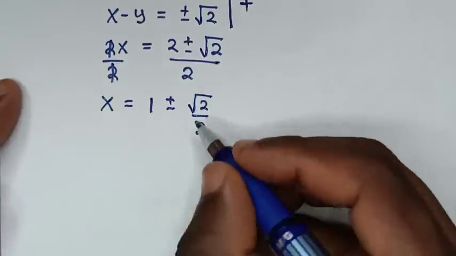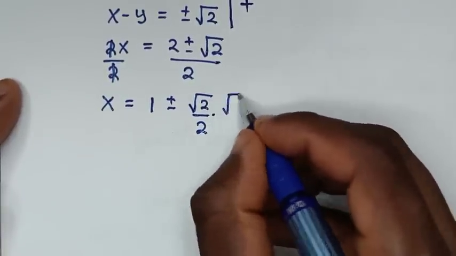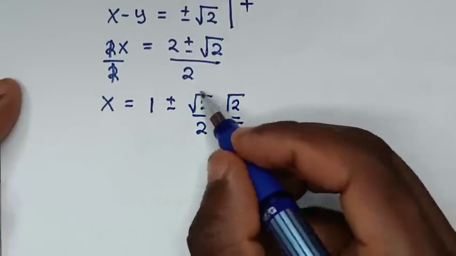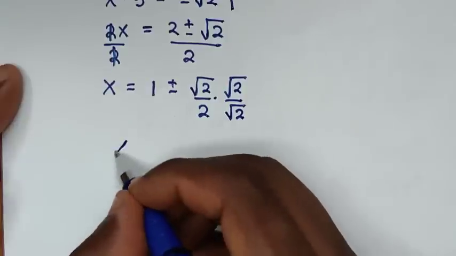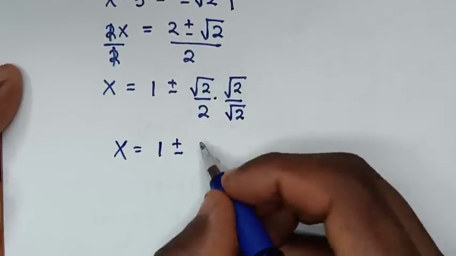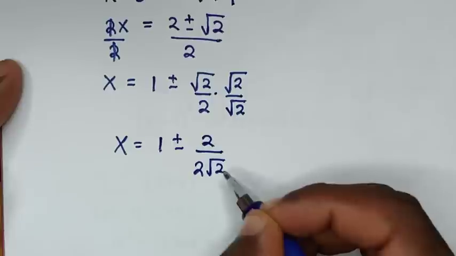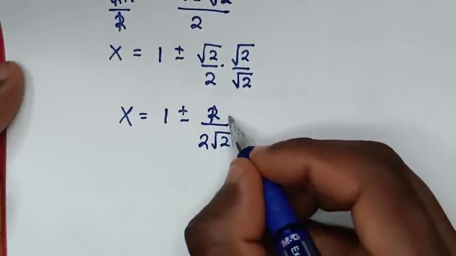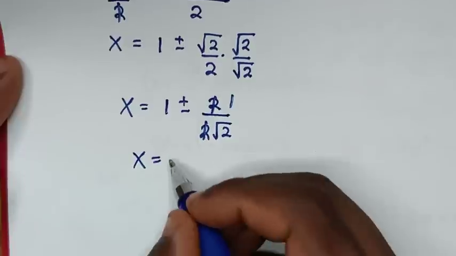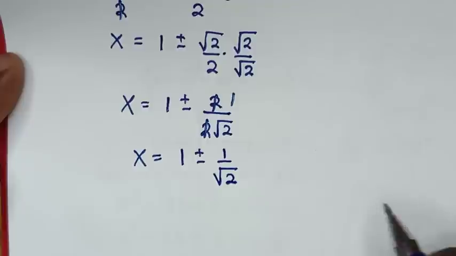Then from here, to make this simple, we can multiply by square root of 2 in both sides in this part, so it will be x is equal to 1 plus or minus square root of 2 times square root of 2 is 2 over 2 square root of 2. So this will cancel by 1 and this will cancel by 1, so it will be x is equal to 1 plus or minus 1 over square root of 2.